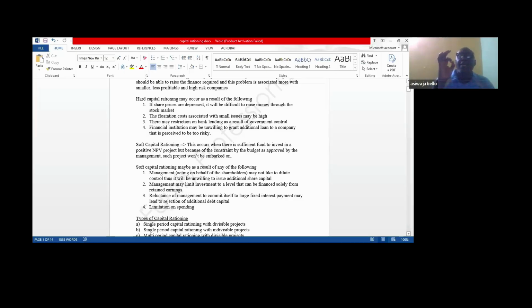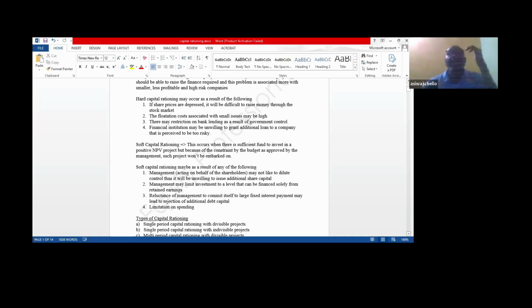Once the budgeted amount has been exhausted, a viable project, a project with positive net present value, is not taken, because you have been given an approved limit, amount you can spend on investment projects. That is soft capital rationing.